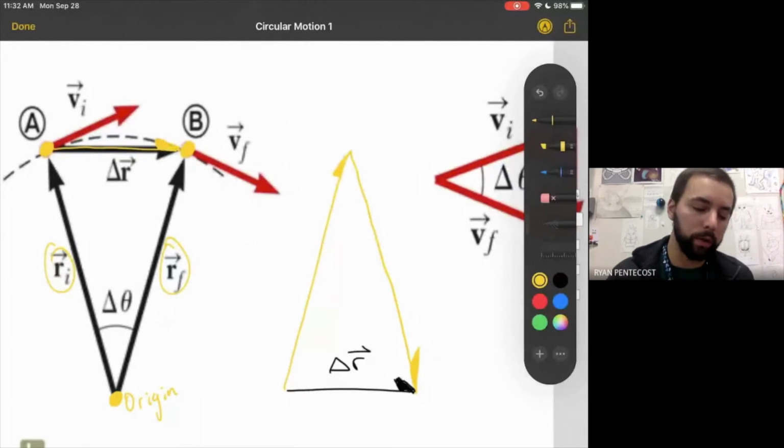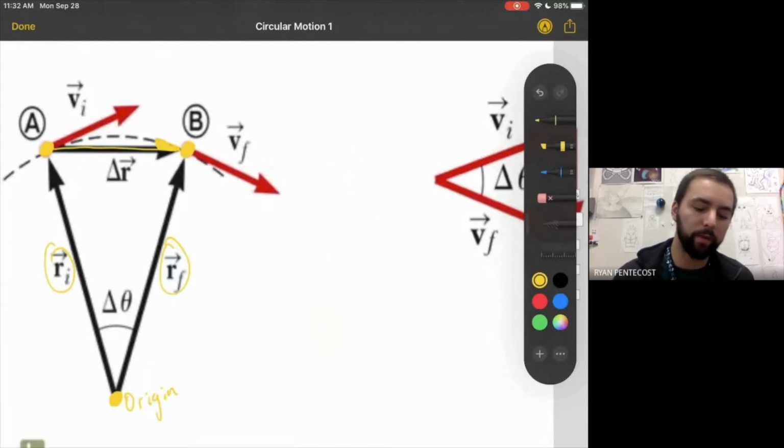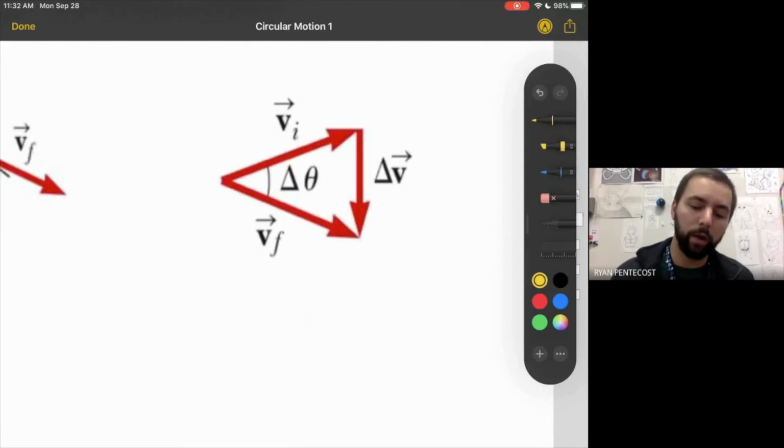What we're also looking at is the change in velocity over that amount of time. We have this velocity vi and velocity vf. If we do vector subtraction, you can see over here you would get this change in velocity delta v. So we have a delta v and a delta r.